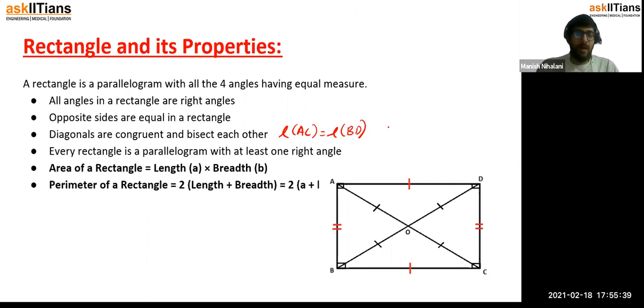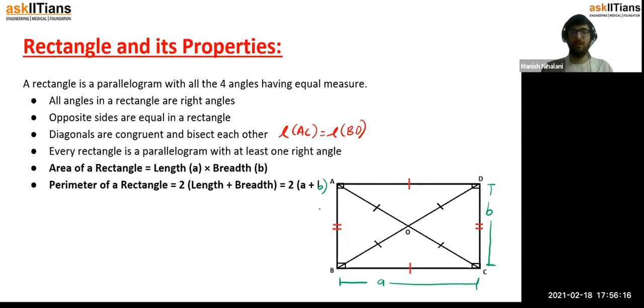Also, every rectangle is a parallelogram with at least one right angle. So in a parallelogram, if one angle is 90 degrees, all four angles are 90 degrees. Again, if the length of a rectangle is A units and its breadth is B units, then its area would be A into B, that is, L into B. Perimeter of a rectangle is its boundary, that is 2 times A plus B, because there would be two lengths and two breadths.